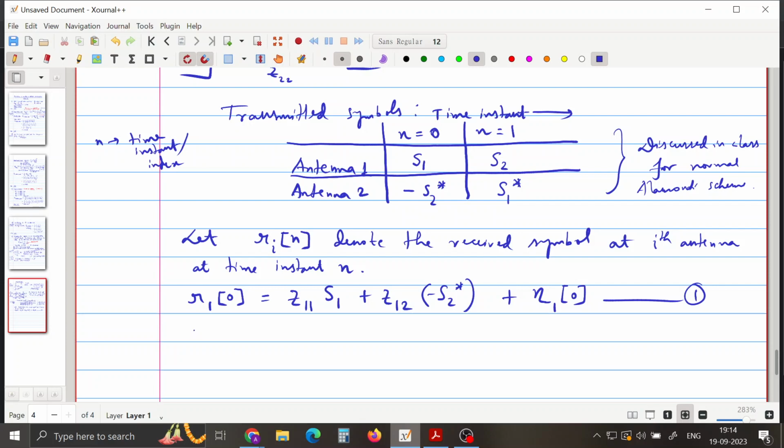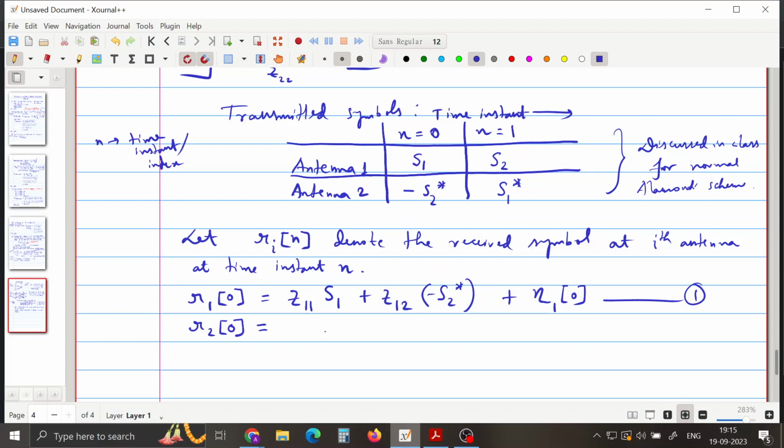It's exactly the same thing that was discussed in the lectures, and similarly you can form other equations as well. So if you now find R2 of 0, it's the received symbol at the second receiving antenna at time instant 0.